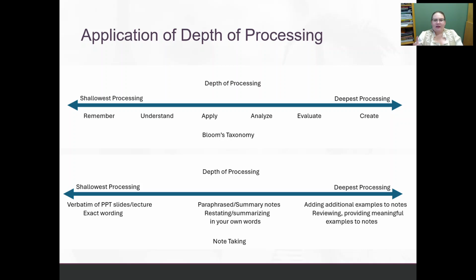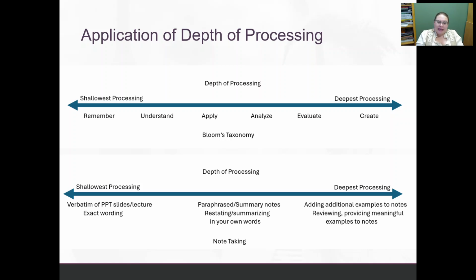So when I talk about depth of processing, I always like to think about it in terms of shallow processing versus deeper processing. Shallow processing involves memorizing information just through repetition, highlighting, or rereading, right?